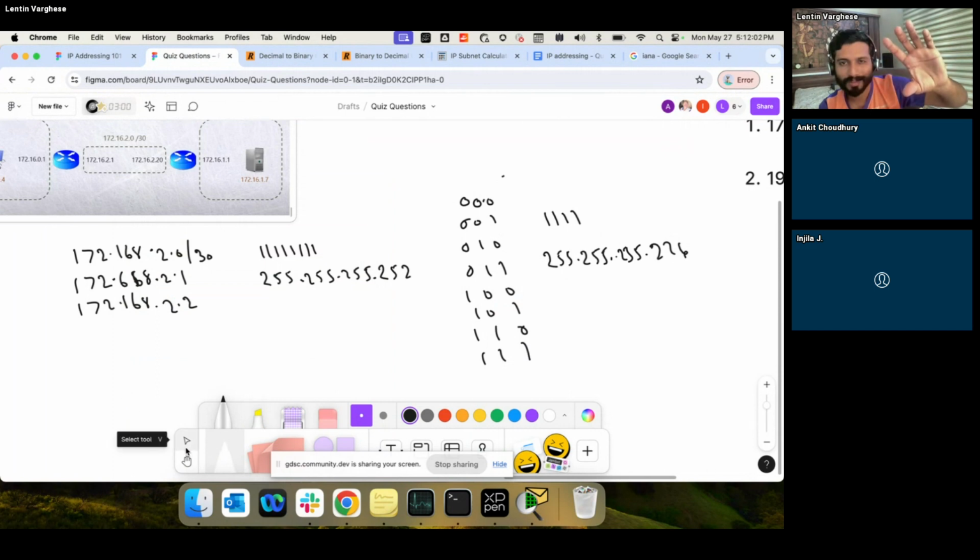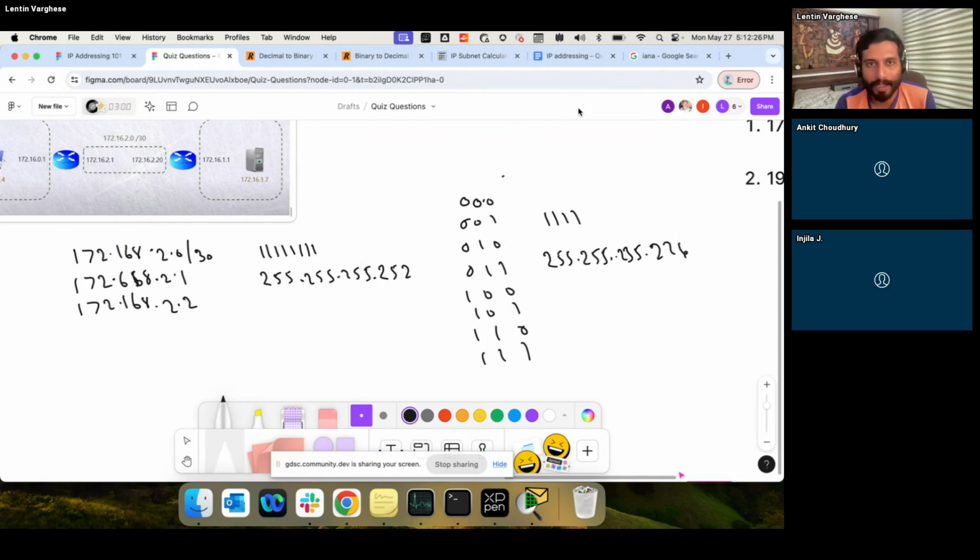Still confusing? I know how I messed up, but again. When we subnet, we can choose certain block sizes, not as per our choice.